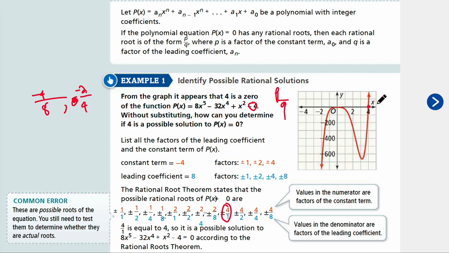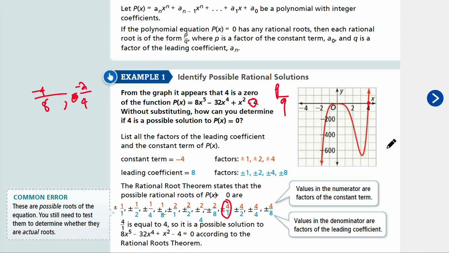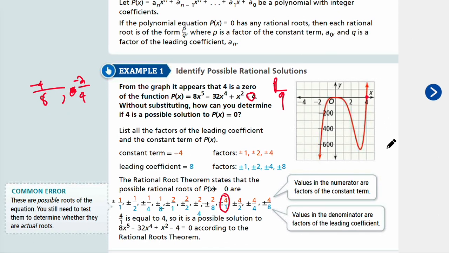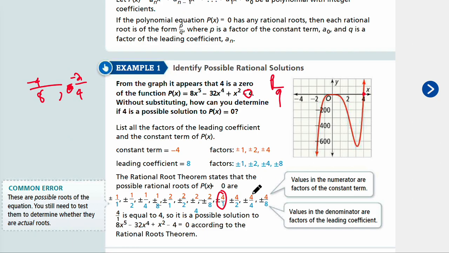So using the rational roots theorem, you can also back up your explanation, your claim. These are possible roots. It doesn't mean they are actual roots. From here, you'll be able to see if it's actual or not by graphing or by using algebra.